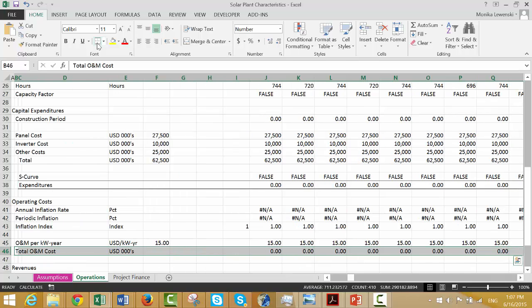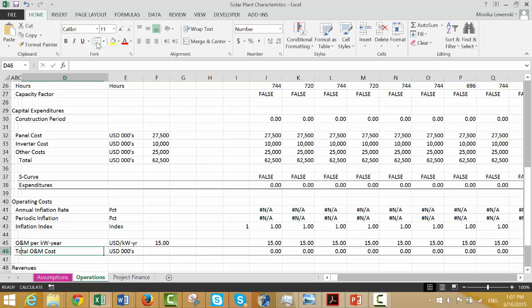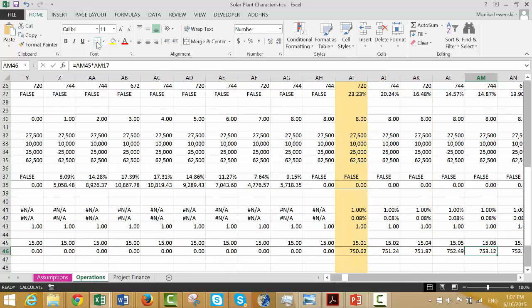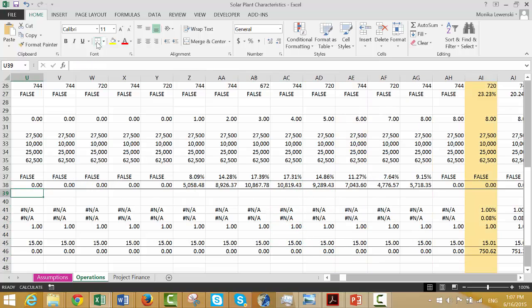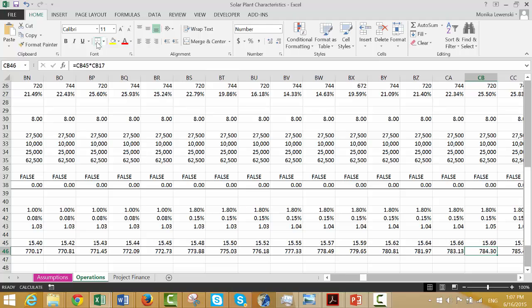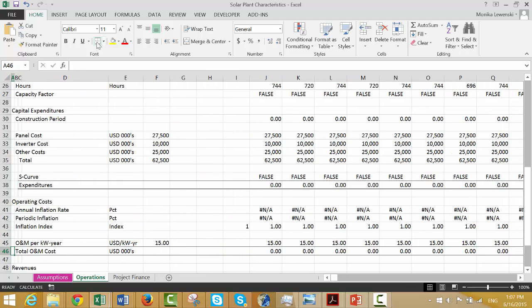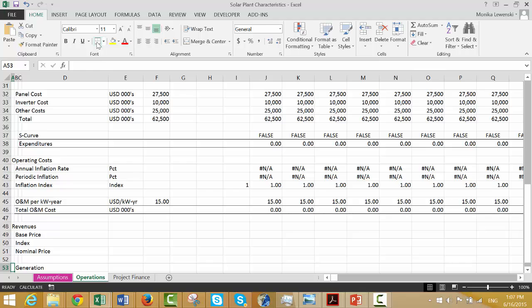Shift Control 1 and this one. Okay, so we have capital expenditures, our testing period, our revenues, our operating expenses, and now let's get our revenues.